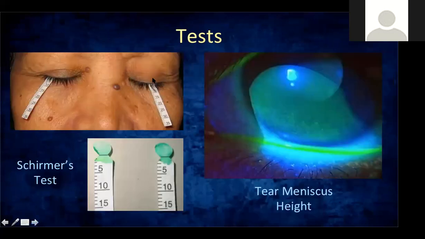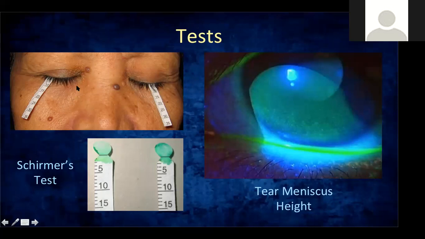We have Schirmer's tests. They usually measure the production of tears and the reflex tearing. So we usually put a strip of paper that has gradations of 5, 10, and 15. This is in millimeters.